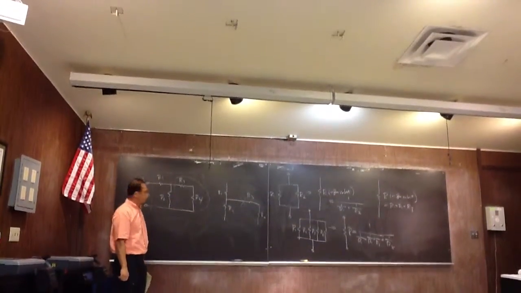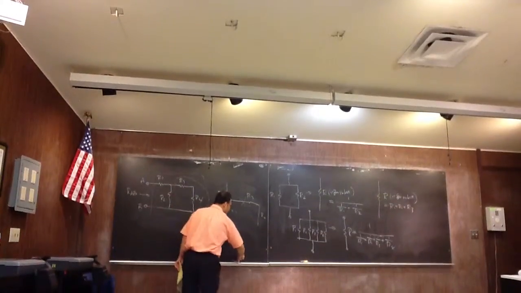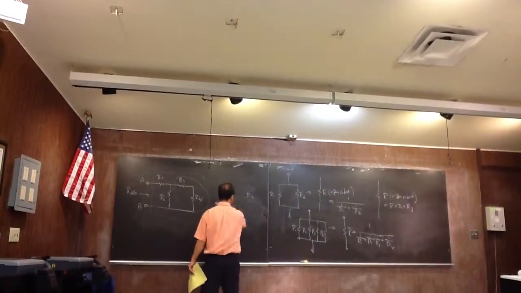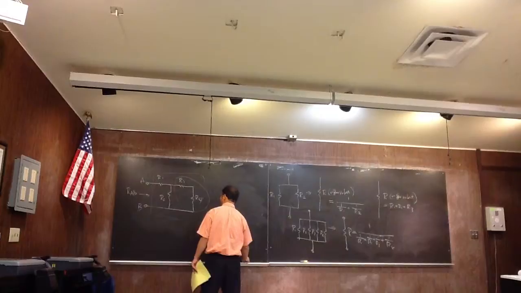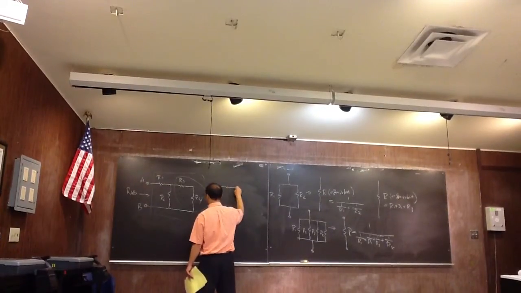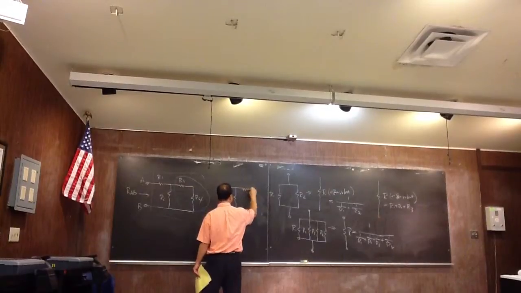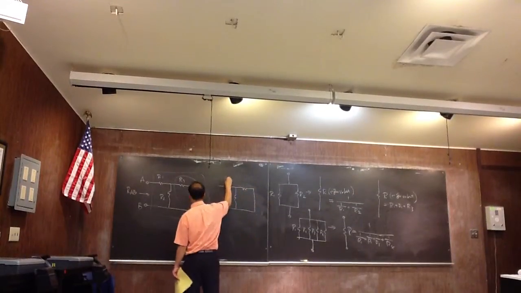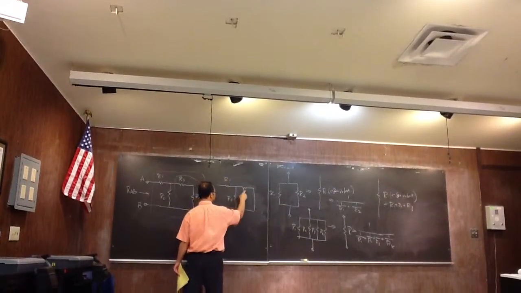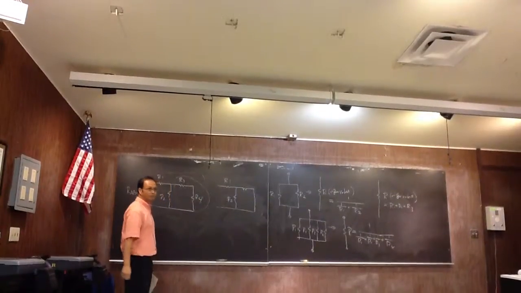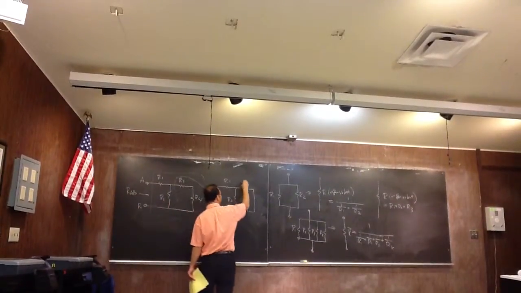Therefore, we can simplify the circuit to become like this: R1, R2, and this is R3 plus R4.